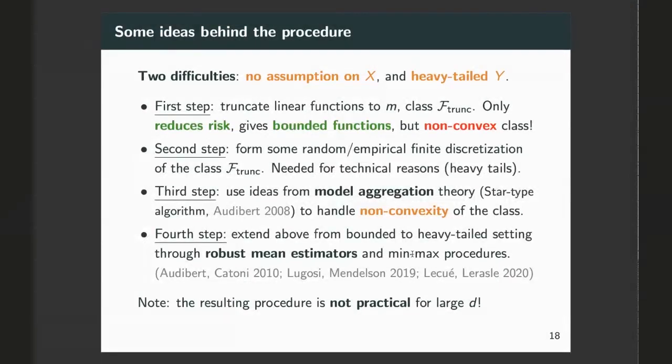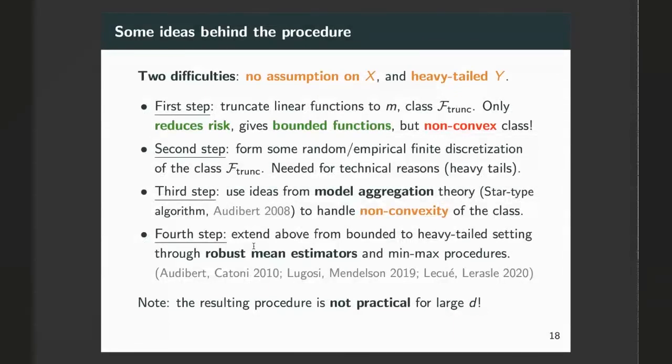And there is another reason. Even if there was not this step, there would be a problem because we have truncated the linear functions. Finding the empirical risk minimizer, so just finding the truncated linear function which has the smallest error on the data, is a computationally hard, NP-hard problem.